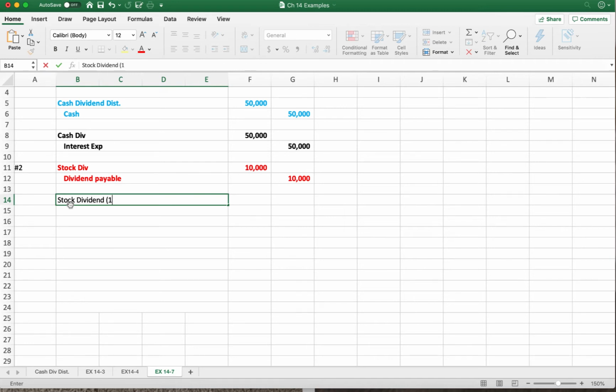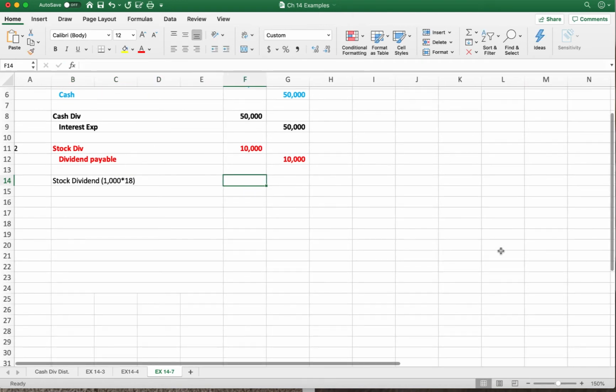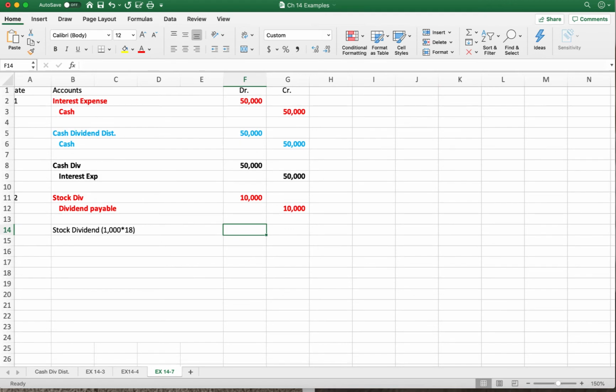So 1,000 shares times, the problem tells us that it is, bear with me, I just need to go back and look, $18. So we should take 1,000 times our $18, and we should debit this for the $18,000.